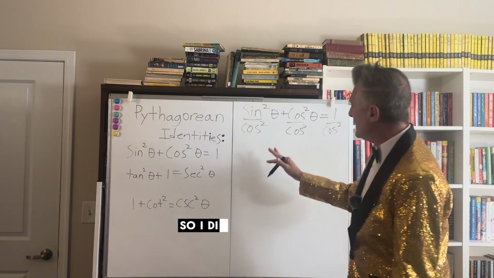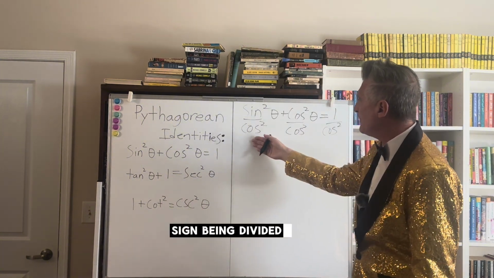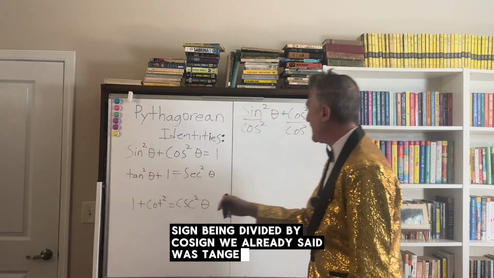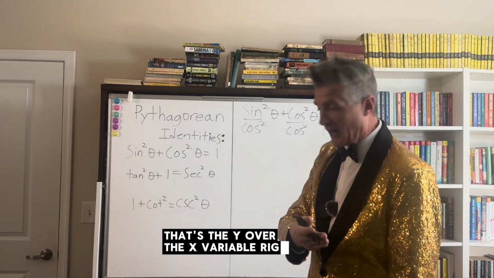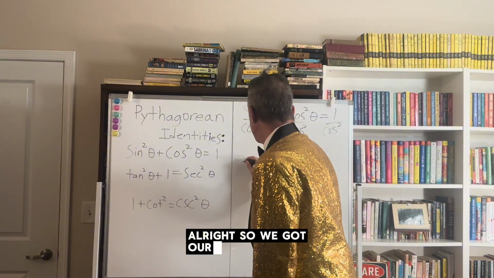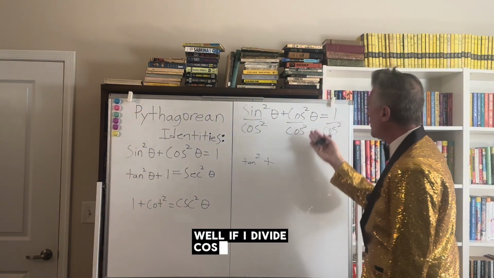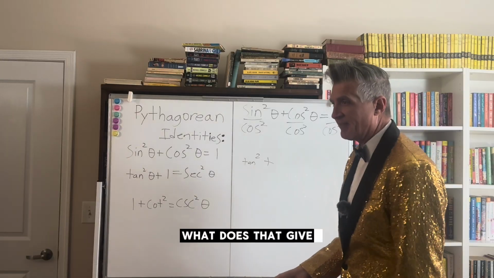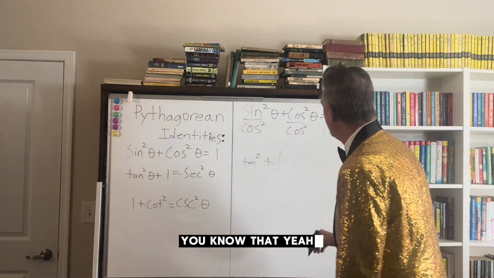All right. So I did say that we could get this second line from this one, and we can. So sine being divided by cosine, we already said was tangent, right? That's the y over the x variable. So we got our tangent here, and it is squared, tangent squared. Well, if I divide cosine by cosine, what does that give me? Anything divided by itself is just numero uno. You know that? All right.